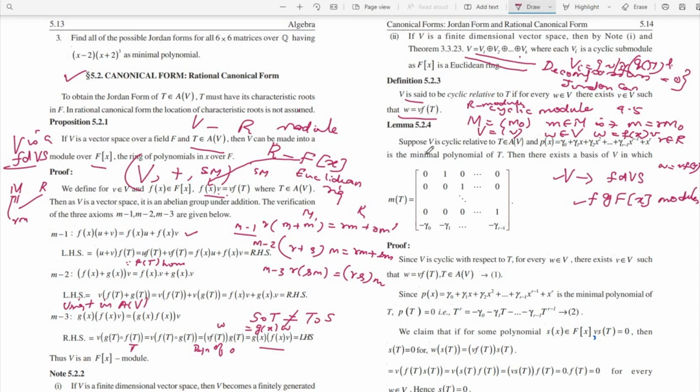That is, I am given V to be cyclic relative to t, and P of x is given by this. It is the minimal polynomial of t. Then what we need to prove is there exists a basis of A in which the matrix of t takes this particular form.